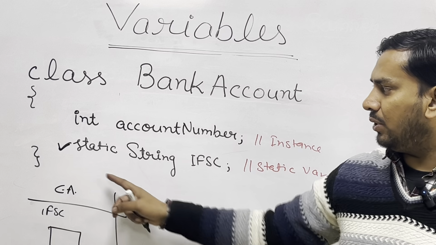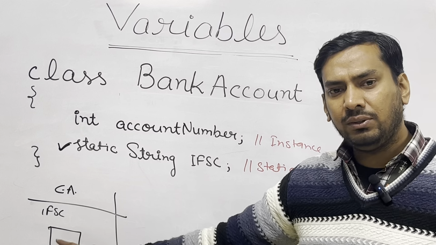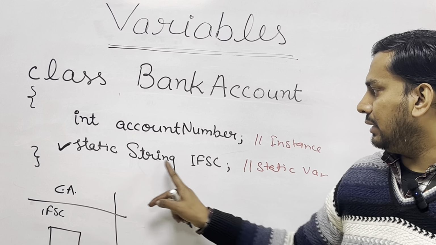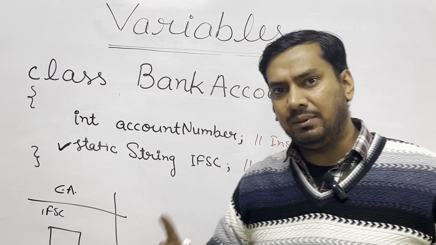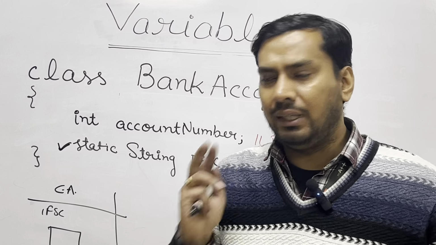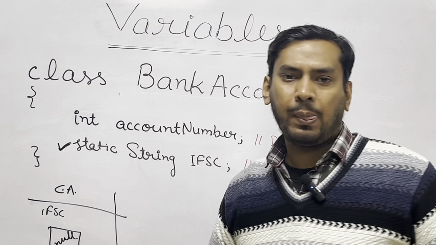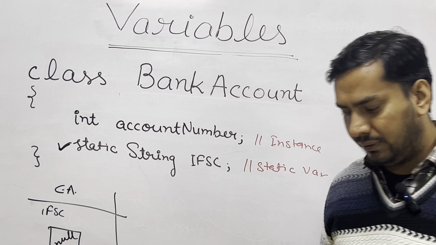But here we have not got any static block, so it will be initialized to null, because IFSC is a static variable of string type and a string type variable gets the default value null. So, here it will assign the value null.